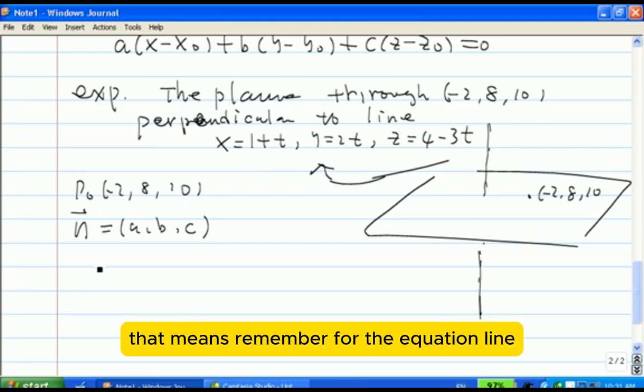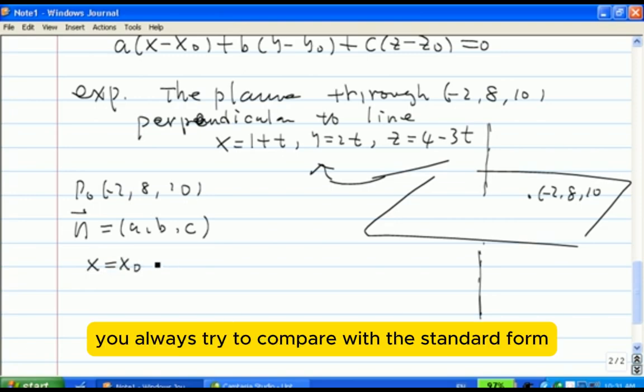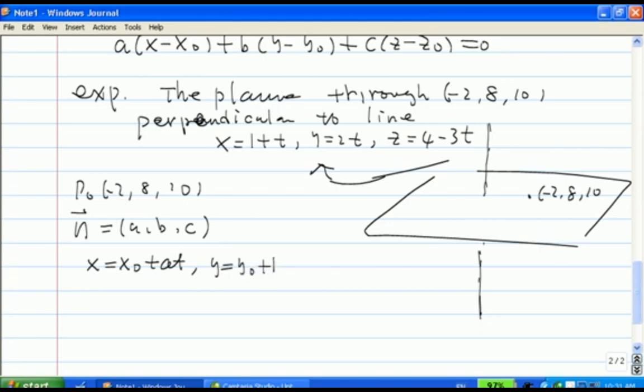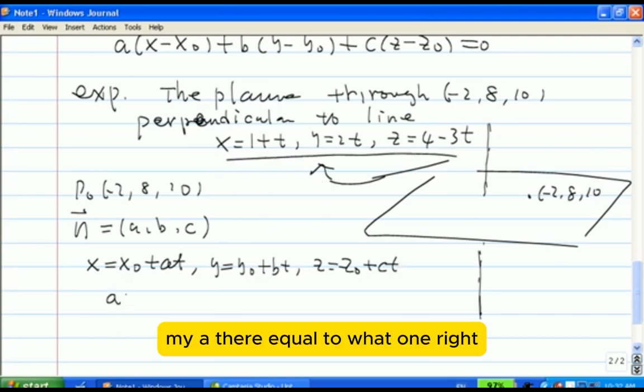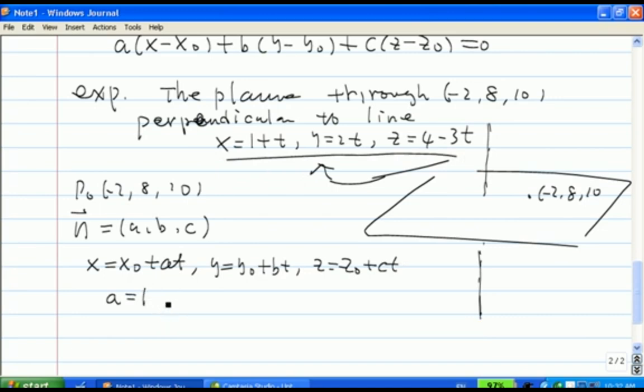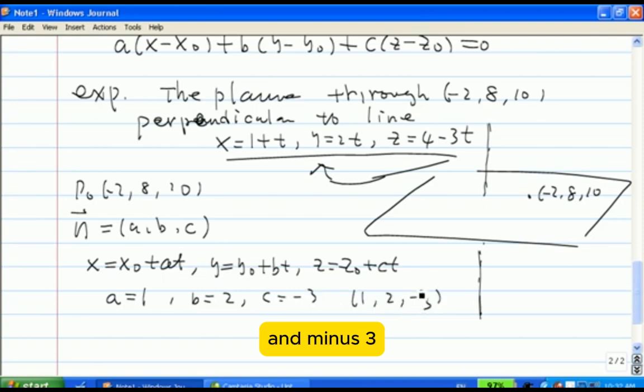Remember, for the equation of a line, you always try to compare with the standard form: z equals z0 plus ct. So for this line, my A equals 1, right? B is 2, C is -3. So the vector is (1, 2, -3).